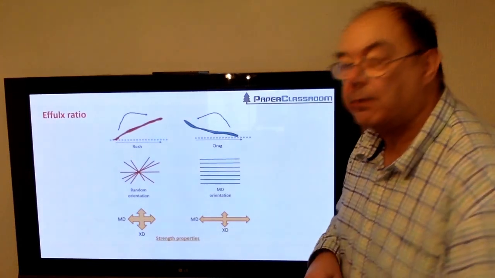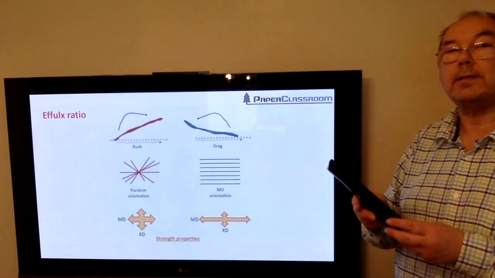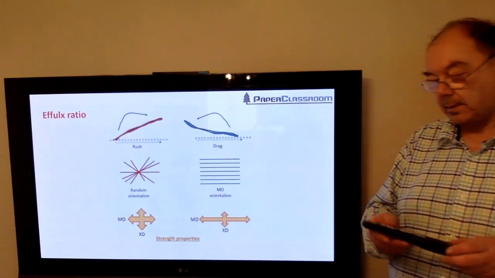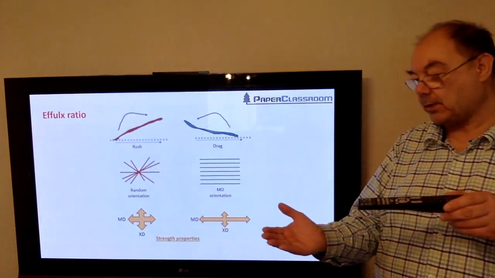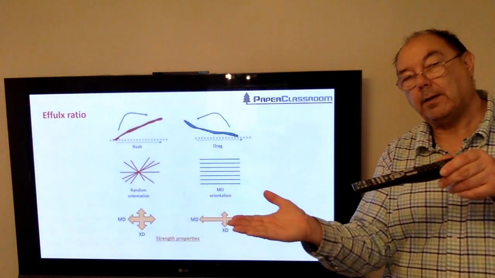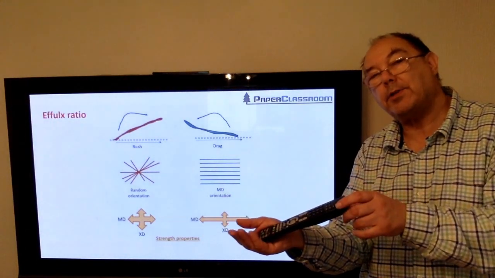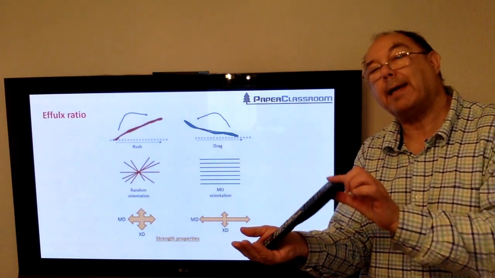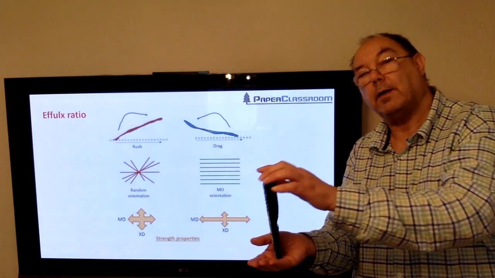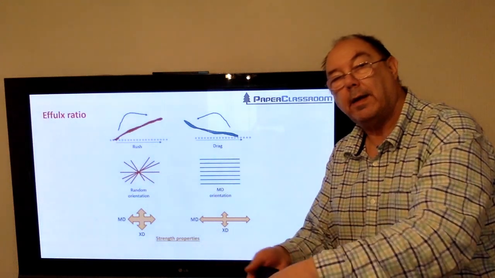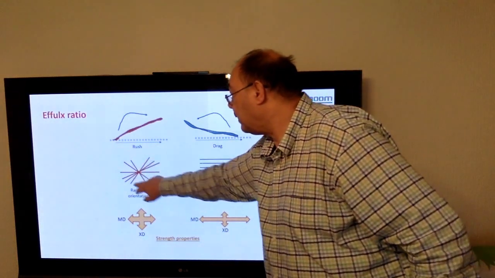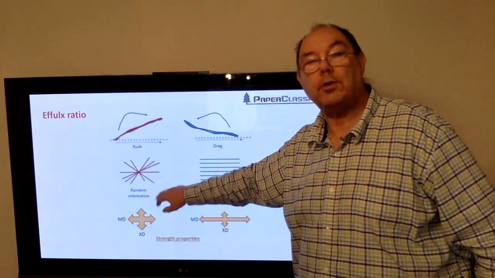So if the stock is travelling faster than the wire, if you imagine that this is a fibre, and this is the wire, the fibre hits the wire, the front end of the fibre instantly slows down, but the back end is still travelling at a higher speed. So it will tumble over and it could land, as we see here, in any orientation.